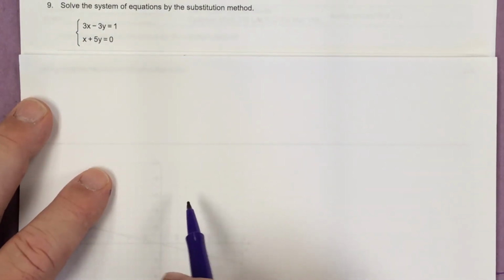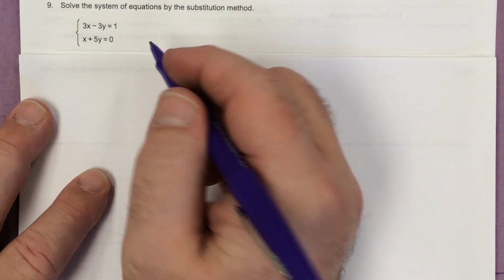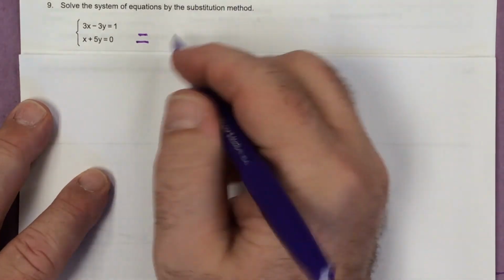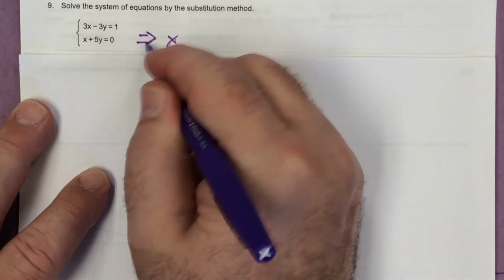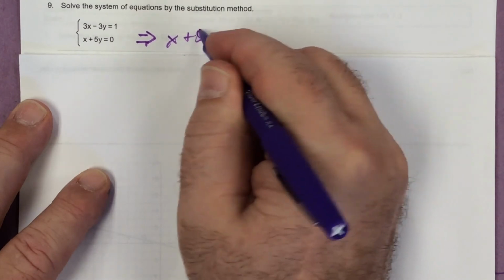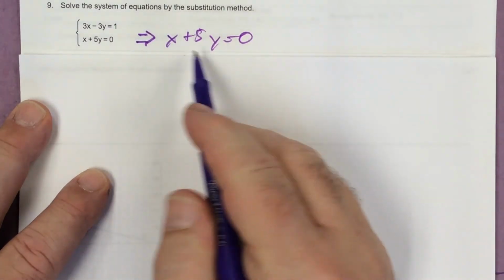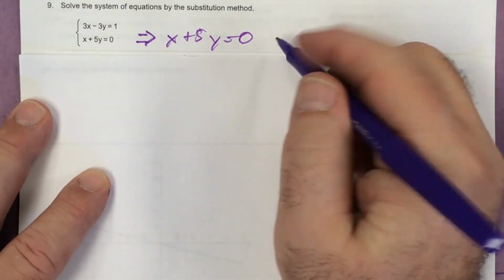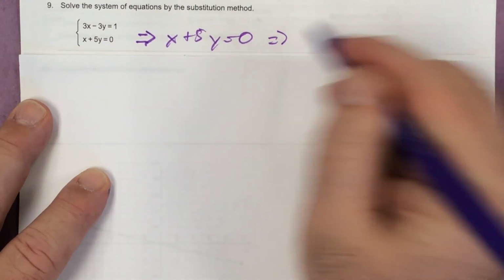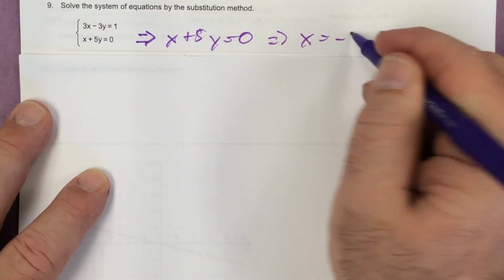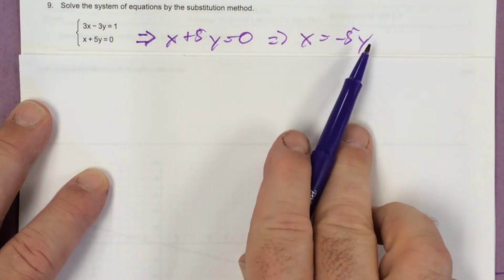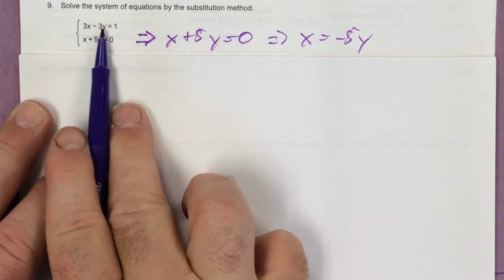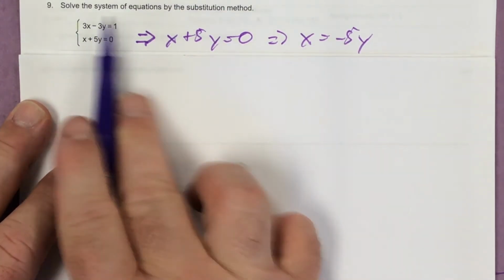Alright, so for this first one here, I'm going to go ahead and work with the second equation. I'm going to write this as x plus 5y equals 0. Or if I just bring the 5y to the opposite side to get x by itself, I'm going to write this as x equals negative 5y. So since I manipulated the second equation, I'm going to take this value of x and put it in the first.